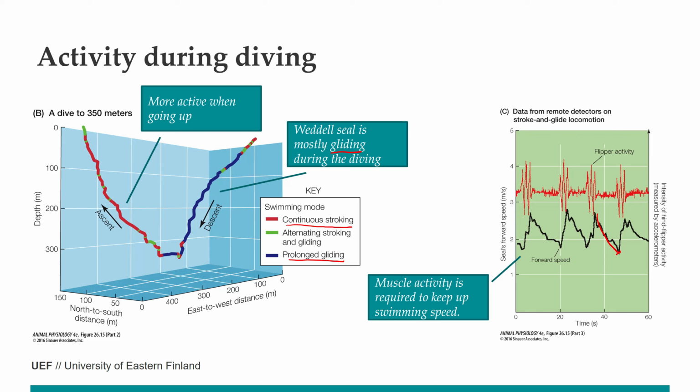And what then happens? You don't have to be the fastest seal to go down to 300 meters, but you must be quite fast to get back to the surface, and that's why they are using more continuous stroking.